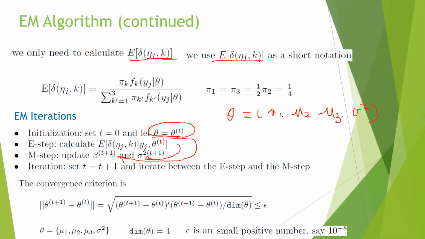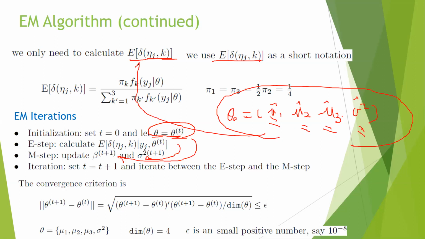So this is the thing we want to estimate, right? At the initial time, you just randomly give them some values here. And in the first step, based on this, you can easily calculate the expectation of this.